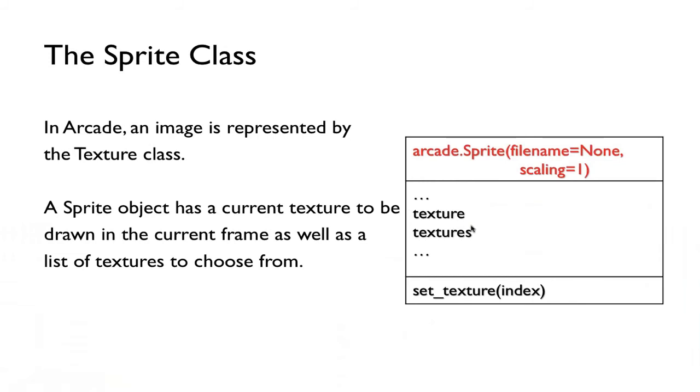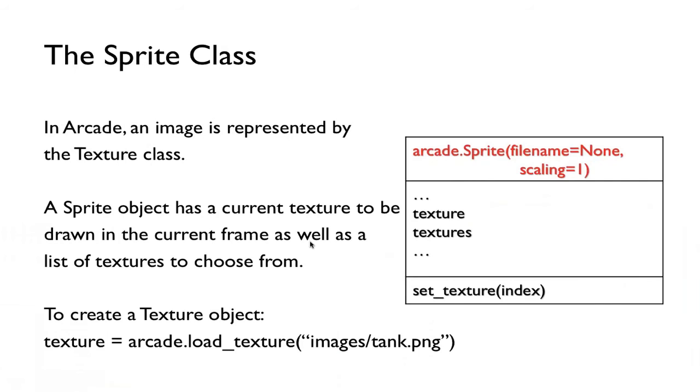One of them is the texture attribute. A sprite object has a current texture that is drawn in the current frame. The same sprite object may also have many images to choose from. So textures with an S is a list of texture objects, whereas texture without the S is the current texture that we want to draw in the current frame.